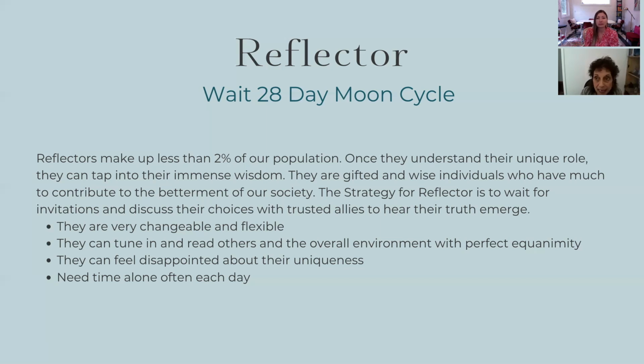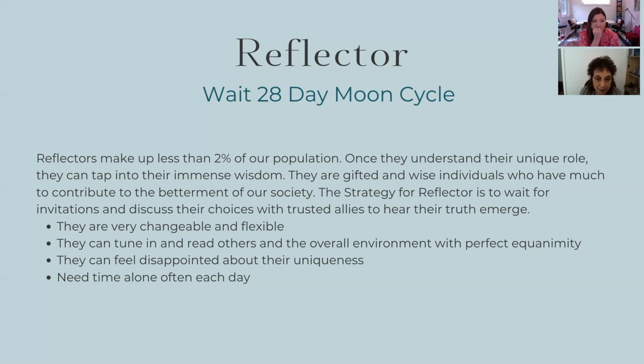Each day they're different because the planets affect them. I won't go too deep into detail with this. I do have a resource: if you're a reflector, just reach out to me. There are some really great videos that help reflectors, from a reflector.